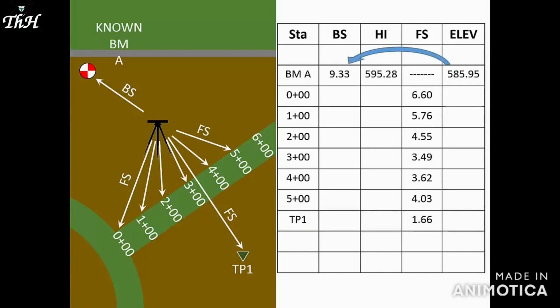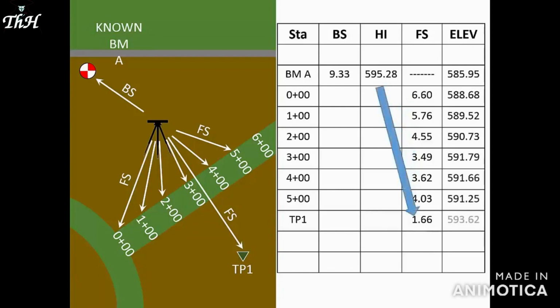The HI is the elevation of the instrument line of sight. Subtract the first foresight reading from the HI to get the elevation at station 0+00. Then subtract the next foresight from the same HI for the elevation at 1+00. Repeat this process for all the foresight readings corresponding to that HI.